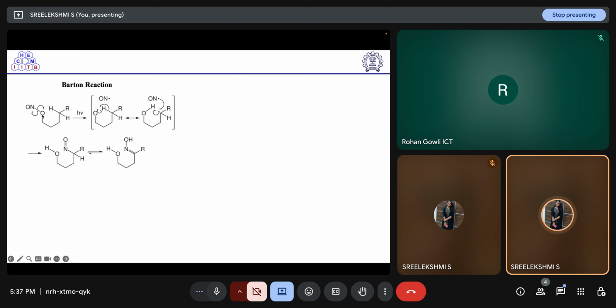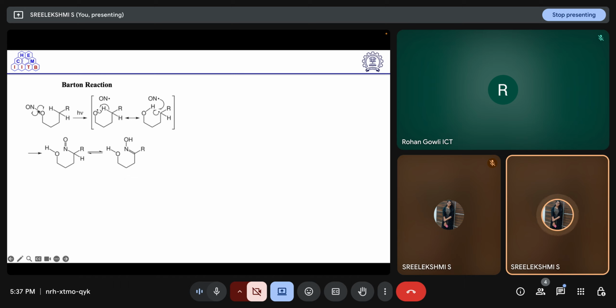From the delta position, that is, this is alpha, beta, gamma, delta, one of the hydrogens will be abstracted by the oxygen radical. Another radical will form, which will combine with the NO radical to form this particular intermediate, which can exist in this form as well. So that is the Barton reaction.